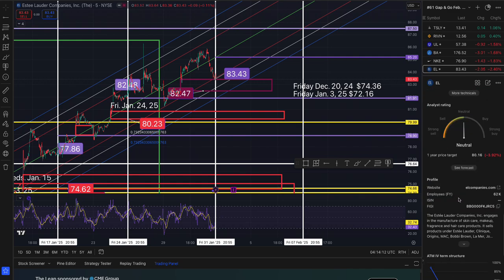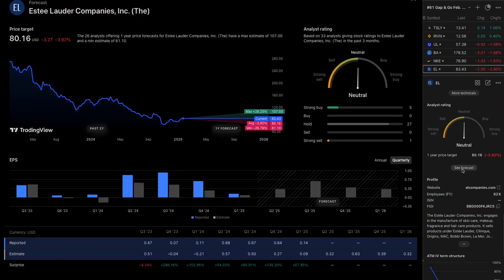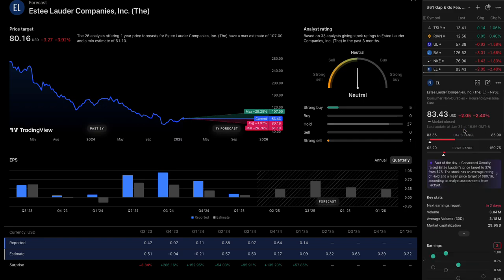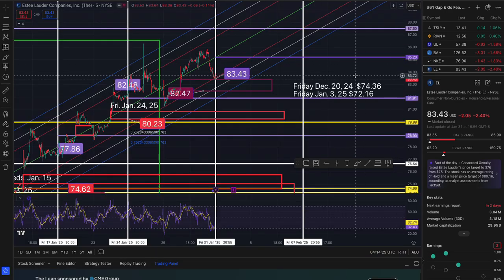And the 1 year price target is now 107 to the upside. We're at 83.43. The average analysts forecast 80.16 and even down to 61. If we get down to 61, I will definitely buy it this time. But look, we've got many gaps to get through.